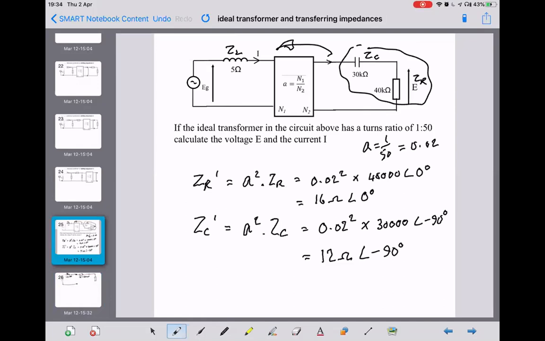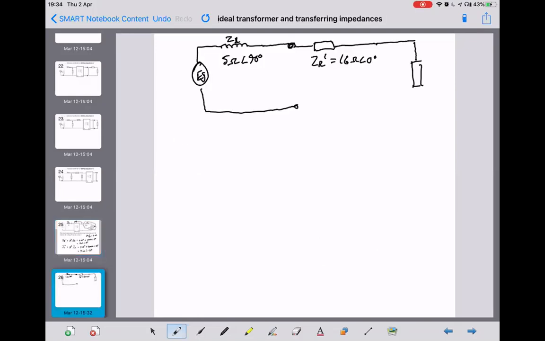So they're the ones that get the dash. So we've got ZR dash 16 angle 0 and ZC dash, which is 12 ohms angle minus 90 degrees.